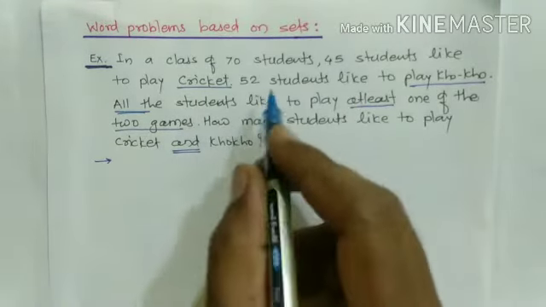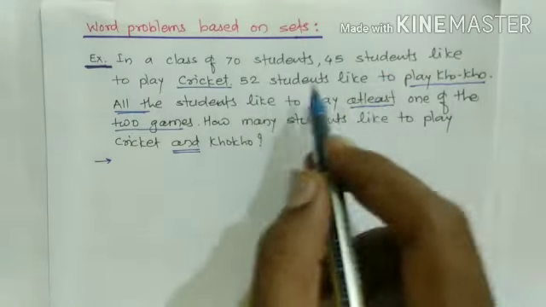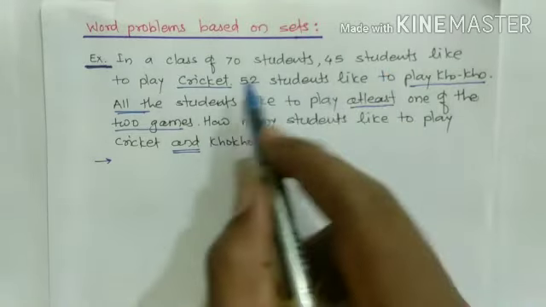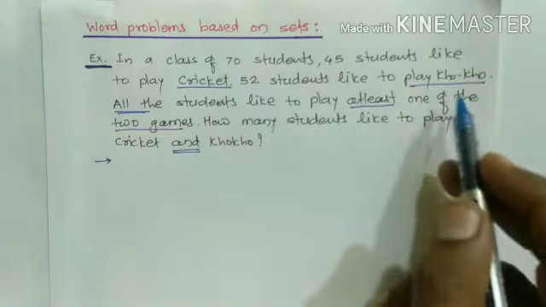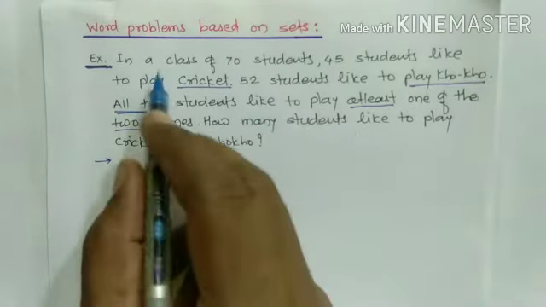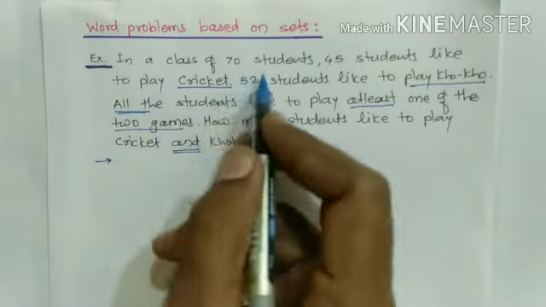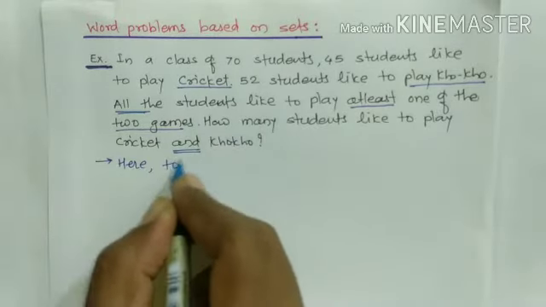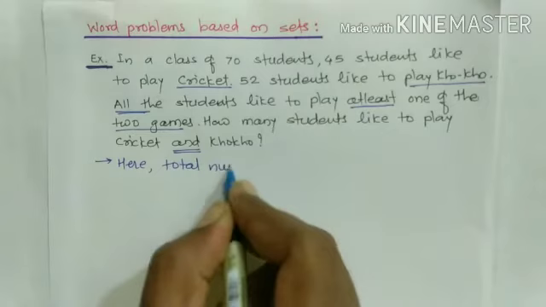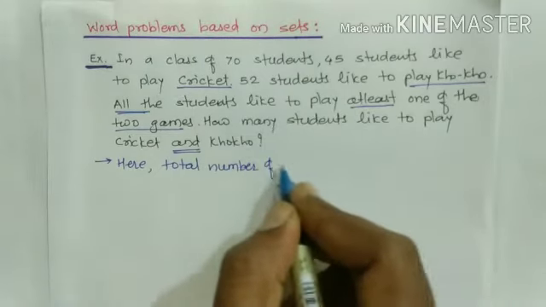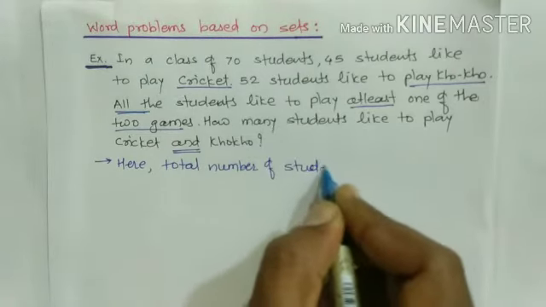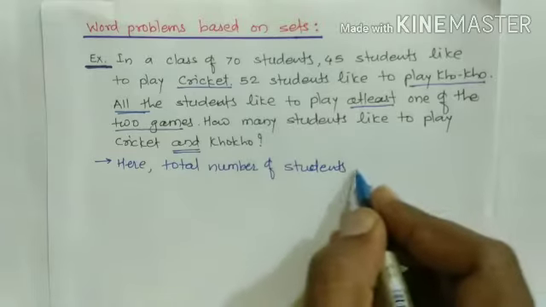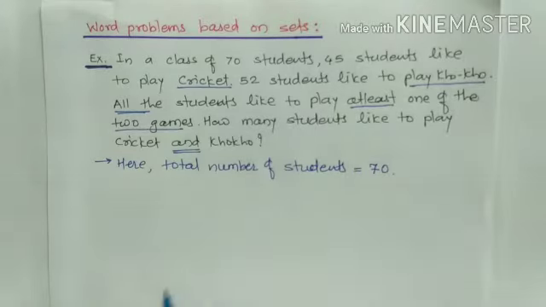So here we take the two sets, set A and set B, for the students who like to play cricket and who like to play Kho-Kho. First, it is given that the total number of students is 70. So here we write the total number of students equals 70.